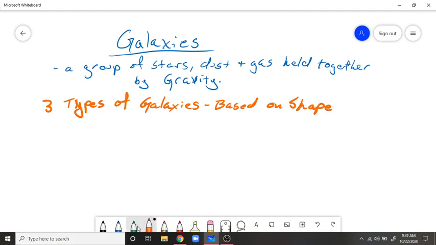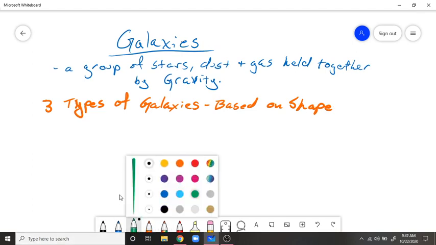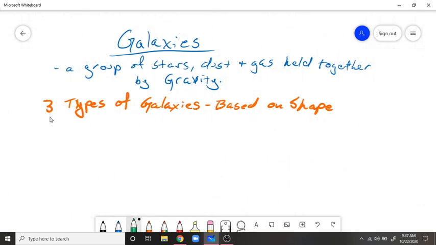The first type of galaxy is the elliptical galaxies.